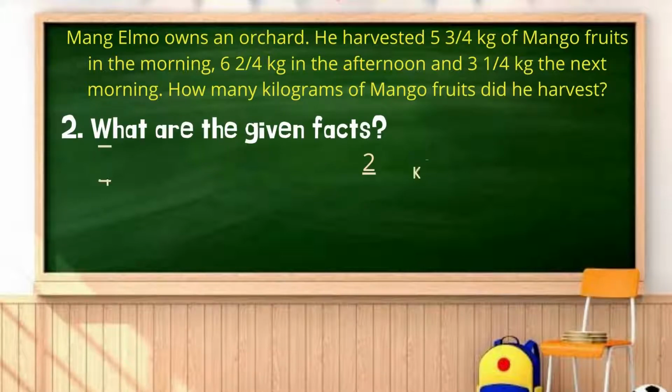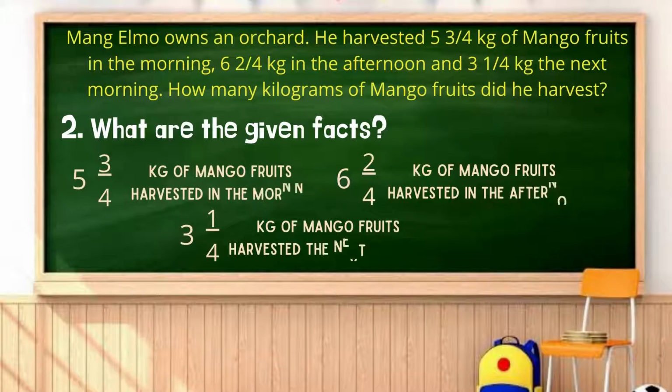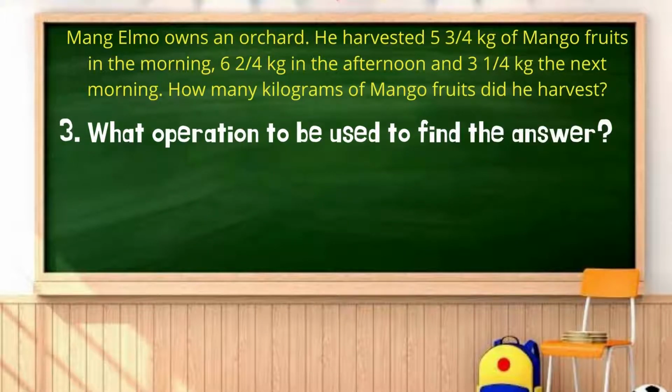5 3/4 kilograms of mango fruits harvested in the morning, 6 and 2/4 kilograms of mango fruits harvested in the afternoon, and 3 and 1/4 kilograms of mango fruits harvested the next morning. Then what do you think is the operation that we are going to use to find the answer? Very good.